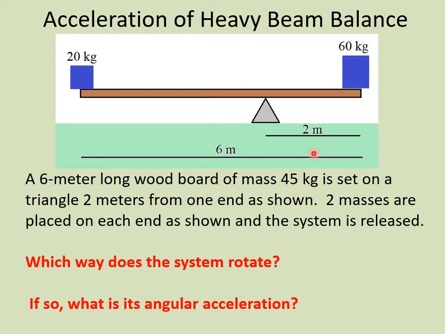And so we can't ignore the mass of this board anymore. It's obviously going to create torque, and it's going to affect the way this beam balance rotates. So again, we did the first part of this problem in the previous part of this chapter's lecture, but we'll go ahead and redo that.